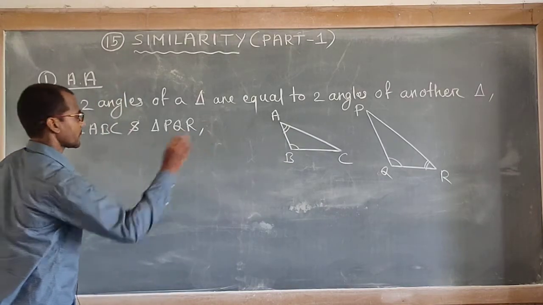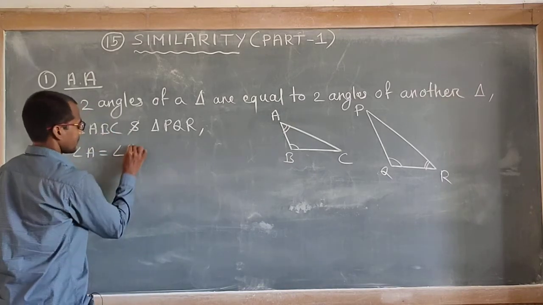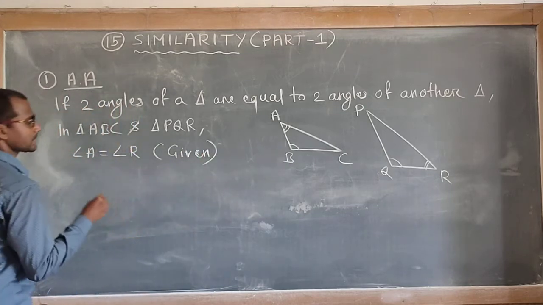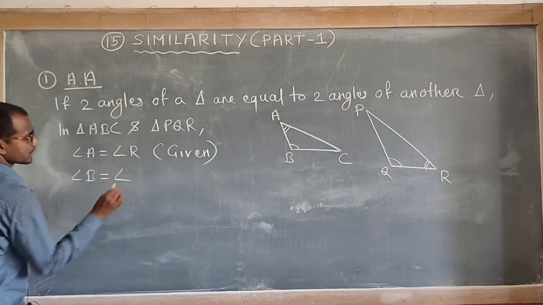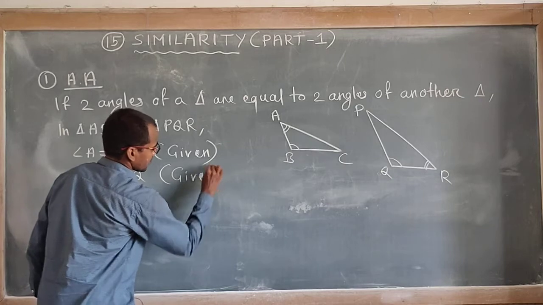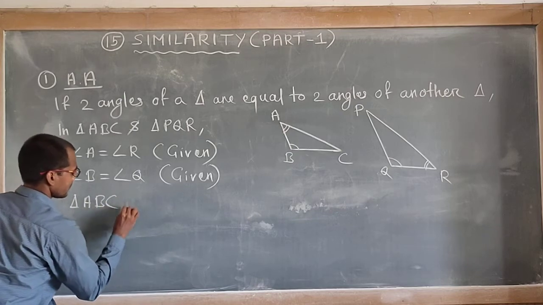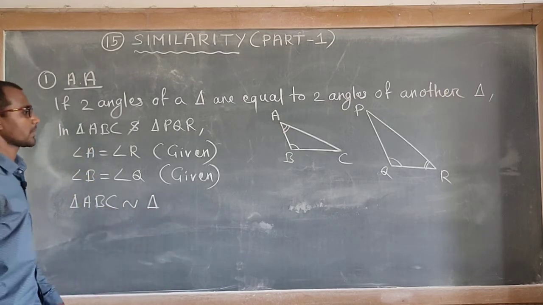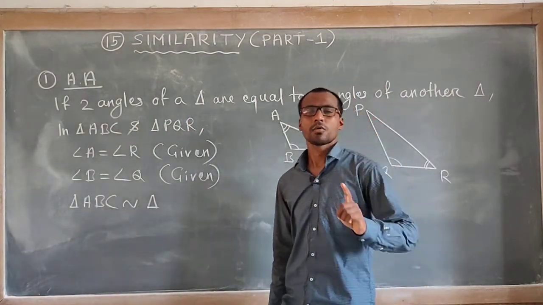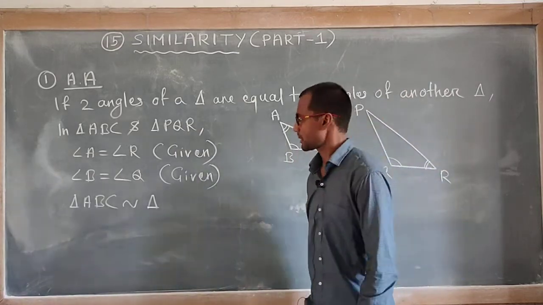In triangle ABC and triangle PQR, angle A is equal to angle R. This is given. Angle B is equal to angle Q. This is also given. So triangle ABC is similar to, now order is very important. While teaching congruency also I have told that order is the most important thing. Here also I am saying order is the most important thing. So let's find the order.